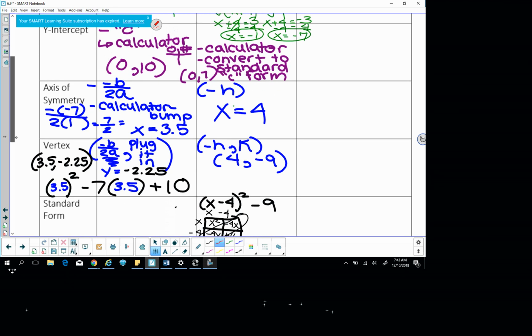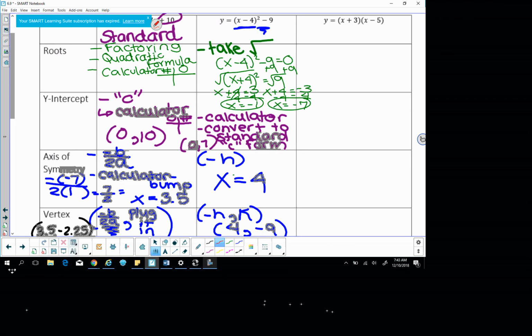All right, last one. That's a lot. So this is in factored form. Well, first of all, this is in vertex. And then this last one is in factored form. And so remember, I just make my factors equal to 0.